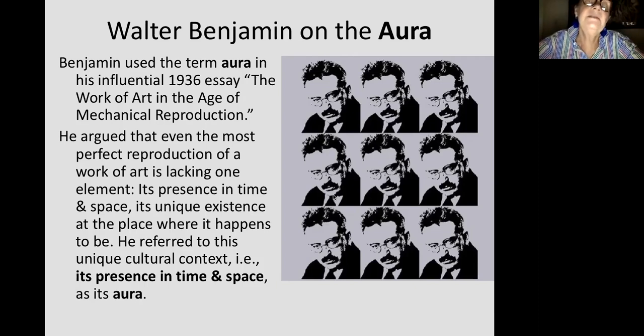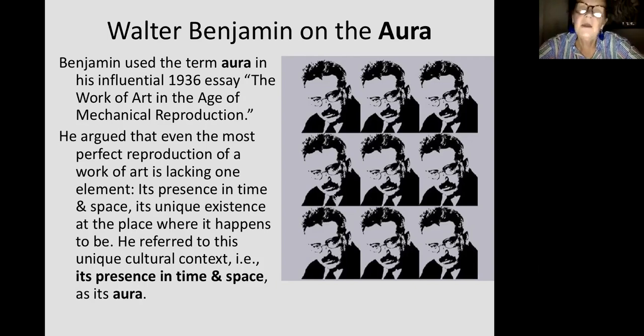And what Benjamin says to us is that even the most perfect reproduction of a work of art, like even if that Vegas Eiffel Tower was completely full scale and an exact duplicate, it still lacks one element. It still will never be perceived in the time and space matrix that the one in Paris is.